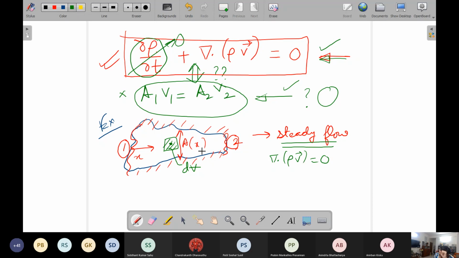We want the mass conservation to be applied over the entire domain, not just a point. So we'll integrate this over the total volume, which is our control volume. This total volume means this total nozzle or whatever you say. So, over the entire volume.